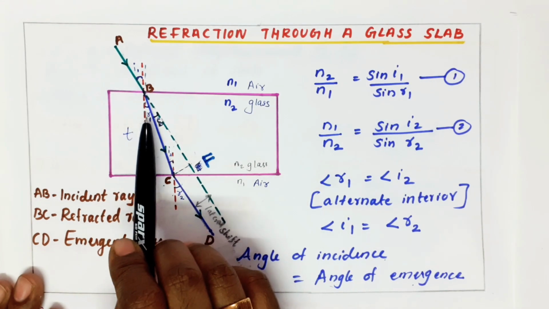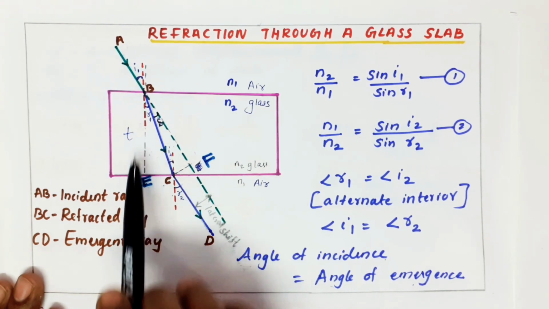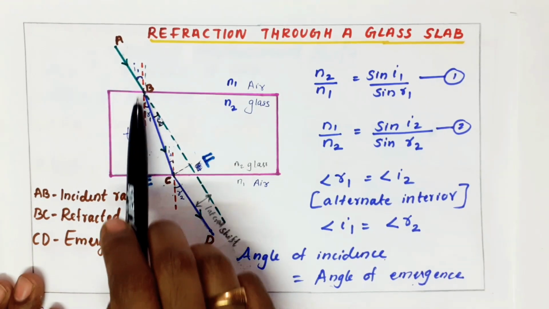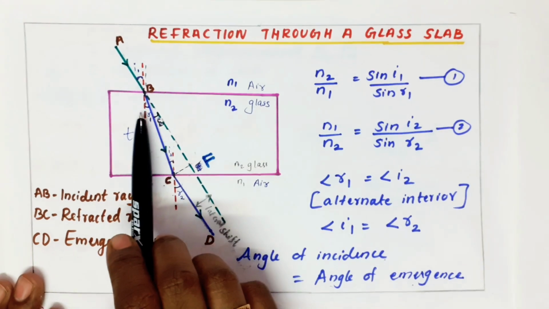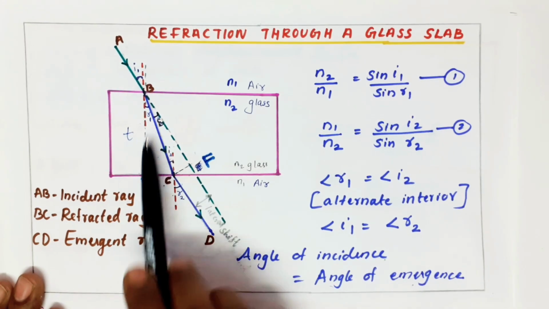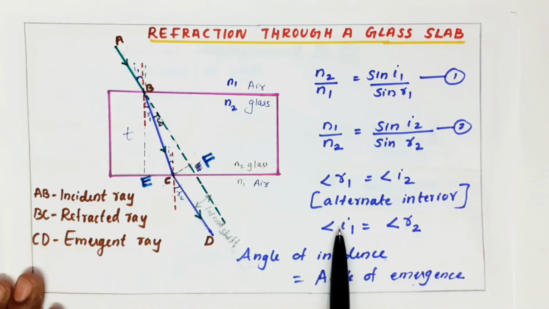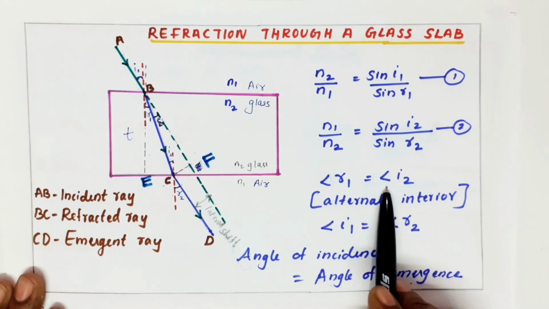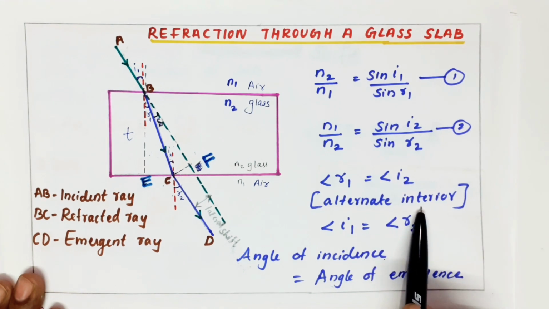If you see this, you can understand that these two lines are parallel. This is a transversal, so we can write r1 is equal to i2 because of the alternate interior angle concept.